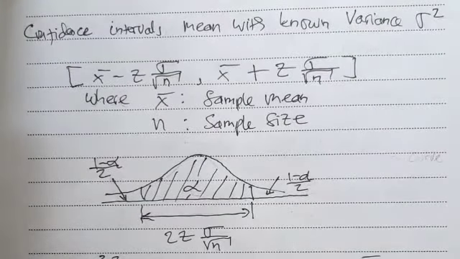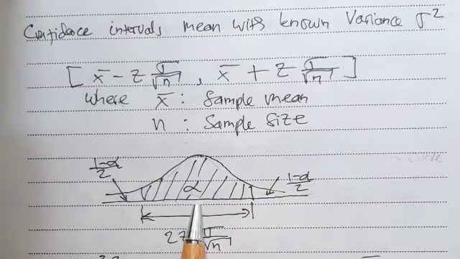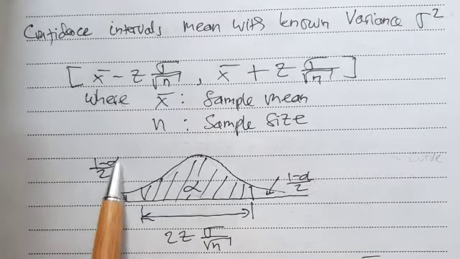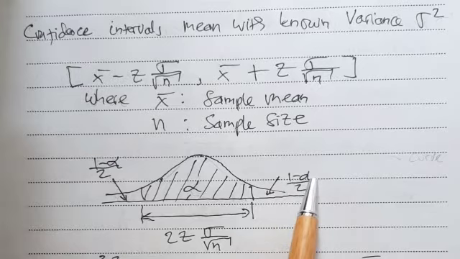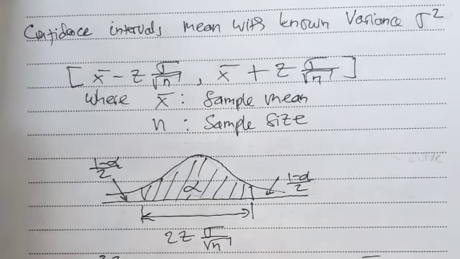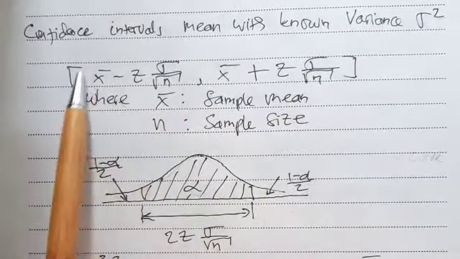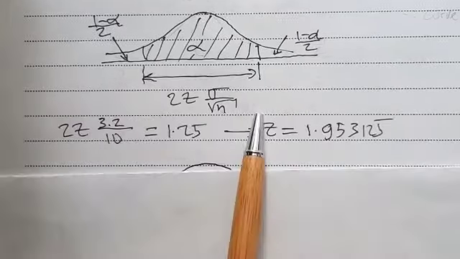Now, if the confidence interval is from here to there, that is alpha, and this area here is 1 minus alpha over 2, and that is also there, 1 minus alpha per 2. The width of the confidence interval is this one minus that one, that is 2z sigma per square root of n.